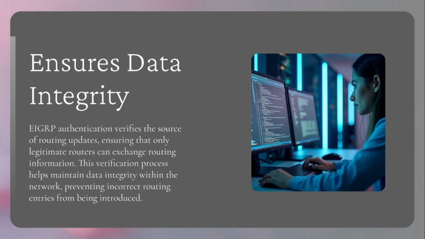So if any attacker is involved in the process, then definitely the entire network will be sabotaged. I do not want that. This verification process helps maintain data integrity within the network and prevents incorrect routing entries.